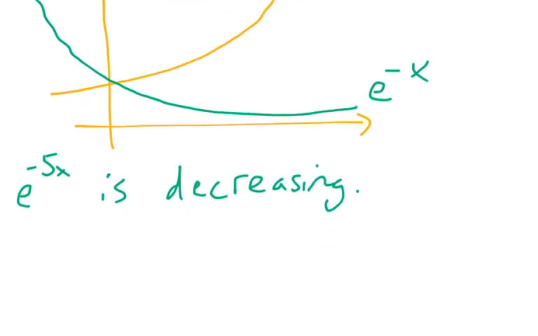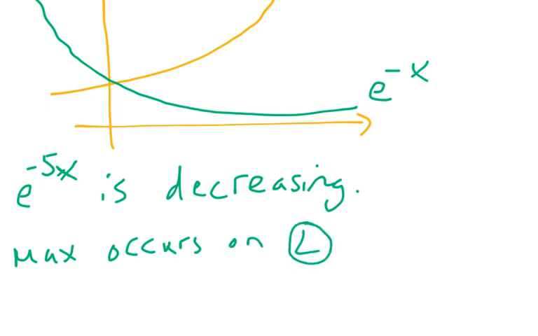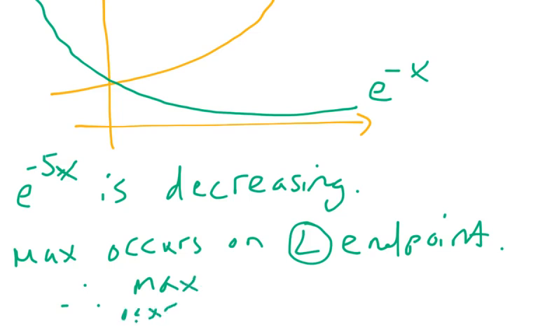What that means is that its maximum value is always going to be at the left endpoint. Here that left endpoint is x equals 0, the smallest x value. Therefore, the max of e to the minus 5x is equal to e to the 0, which is 1.